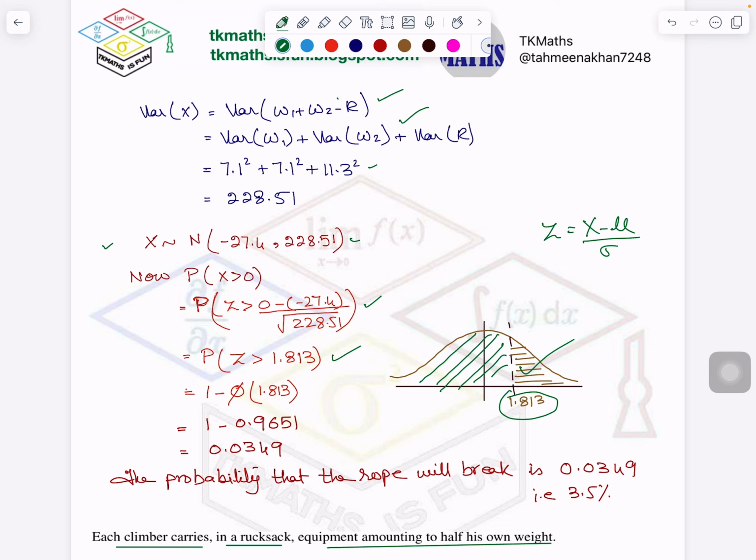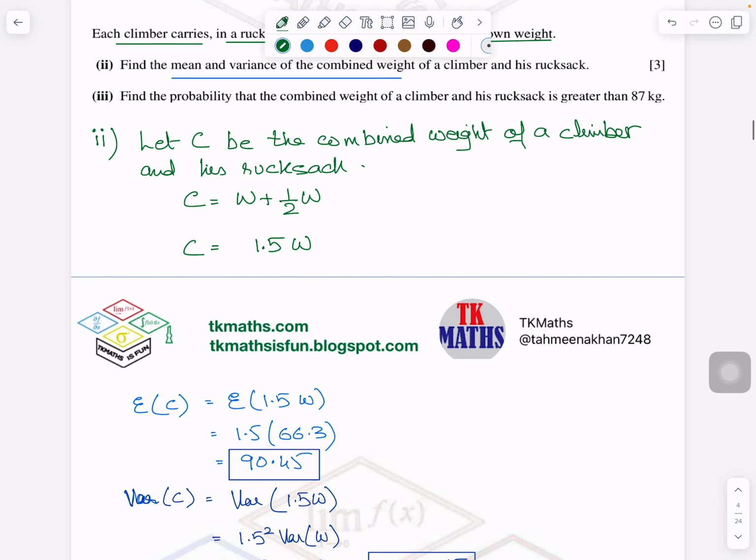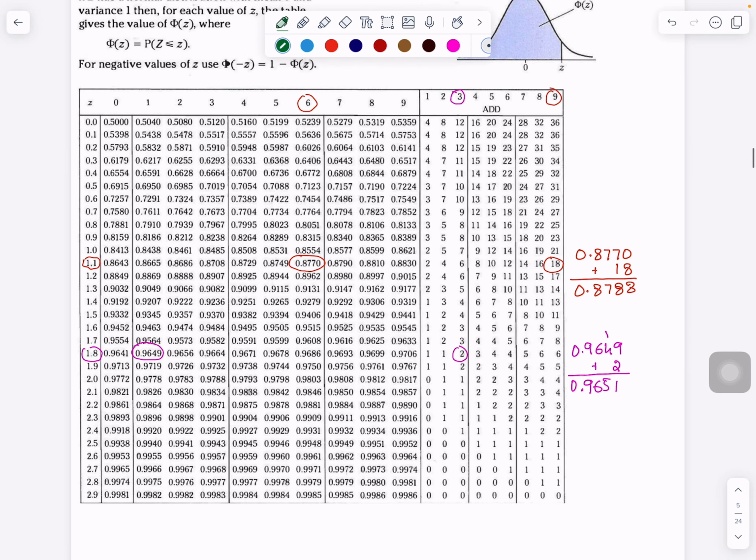So let's see how to read the table if somebody needs a revision for that. 1.813, I have taken as the example. See here, the pink one. The red one is for the second part. So 1.8, this is 1 and this is 3.